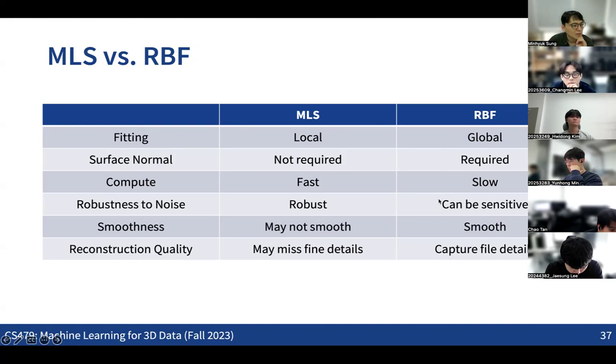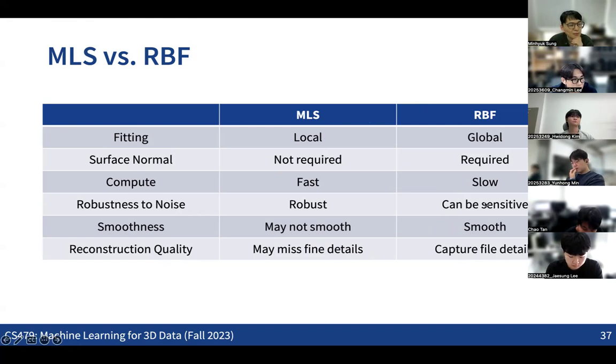And also typically the radial basis function is more sensitive to noise because we are solving a global optimization. Which means that any small noise in the points can affect not only the local region, but also other regions. But typically, for capturing details, solving this kind of global optimization can be better for getting high quality outputs.